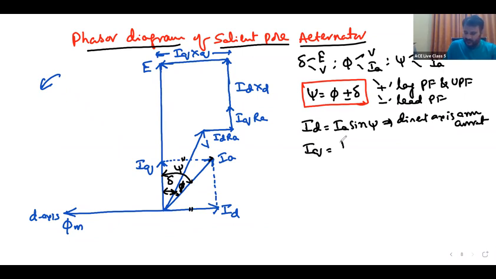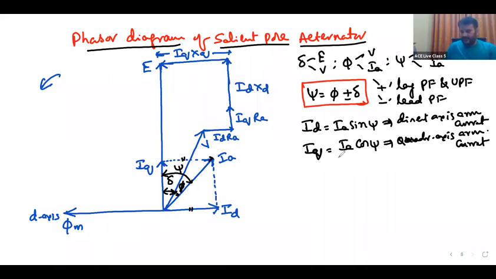IQ is equal to IA cos psi, the quadrature axis armature current.